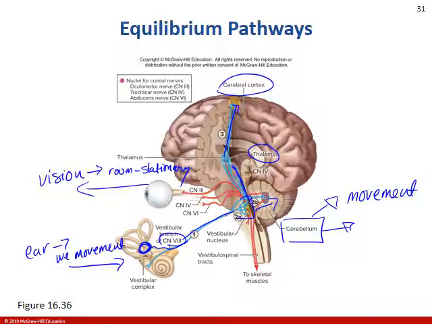Movement. Your brain is trying to process. Your brain is saying, okay, somebody's lying, or we're on drugs, or something is wrong, because my vision and my equilibrium are not matching up.